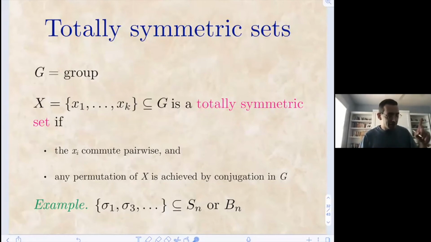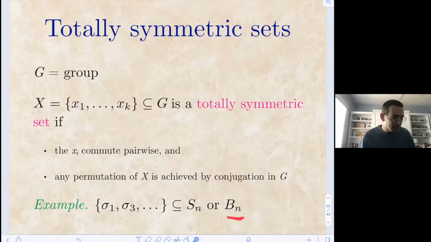If you take the transpositions sigma 1, sigma 3, you can think of those as transpositions in the symmetric group. Those all commute, so they satisfy the first bullet. And if you give me any permutation of the transpositions, you can conjugate in the symmetric group by a single element to achieve that permutation. So that's an example of a totally symmetric set.